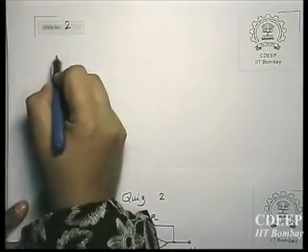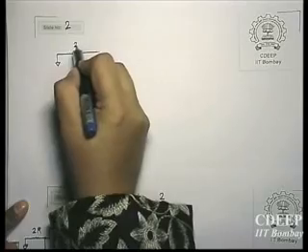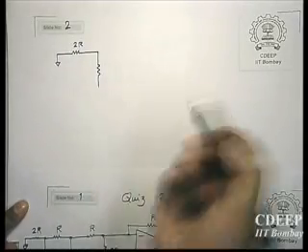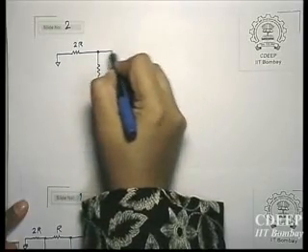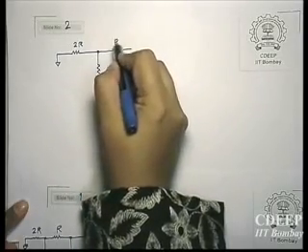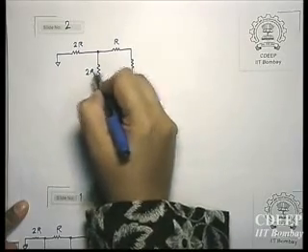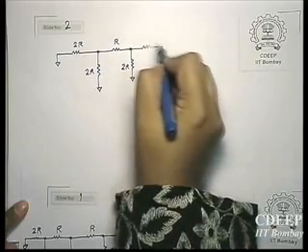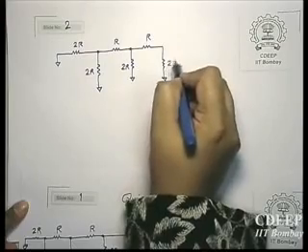Always when you have a ladder, when you want to analyze a ladder, for example, suppose for all zeros, you will get something like this. Right?